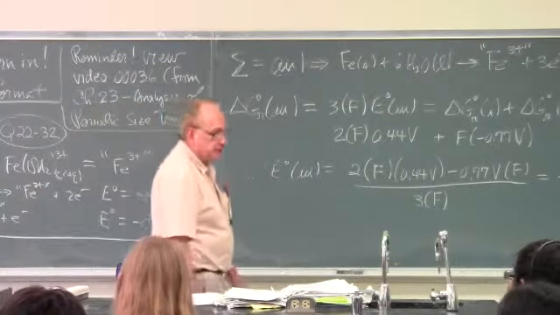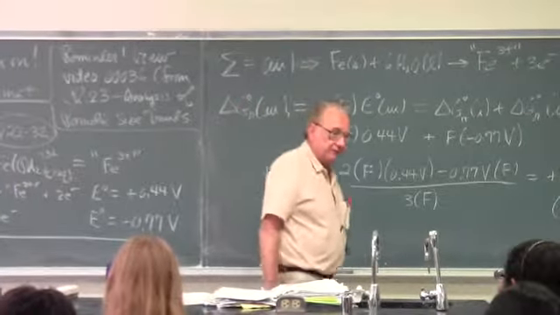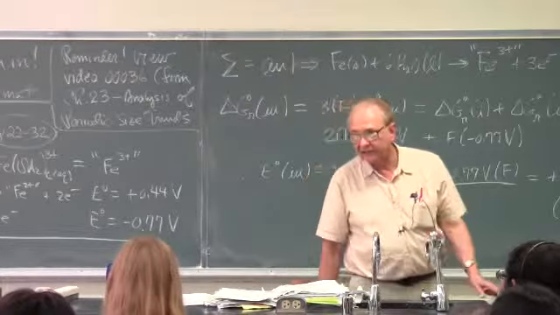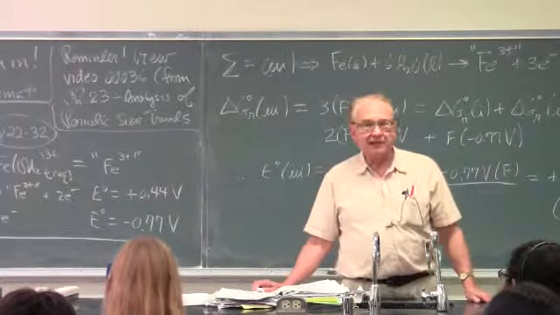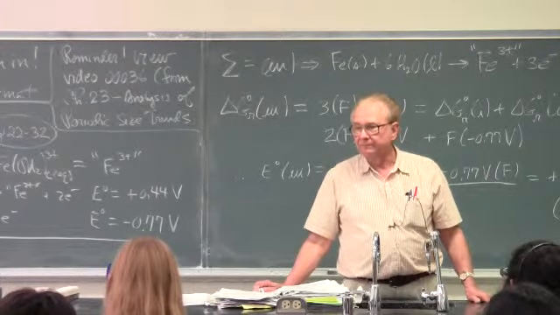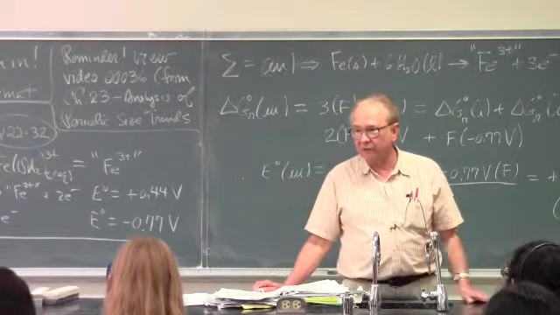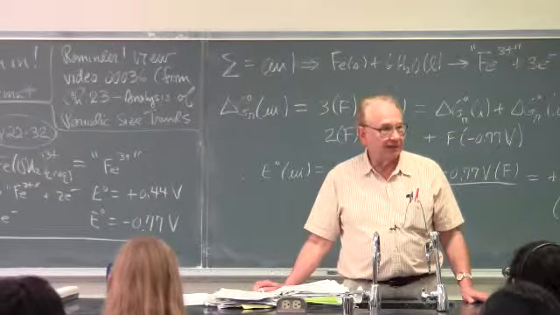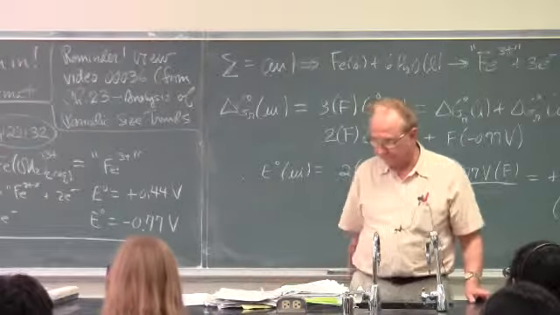The only reasonable decision we can make on the E0 value for that derived half cell is that it'll be someplace between plus 0.44 volts and minus 0.77 volts.